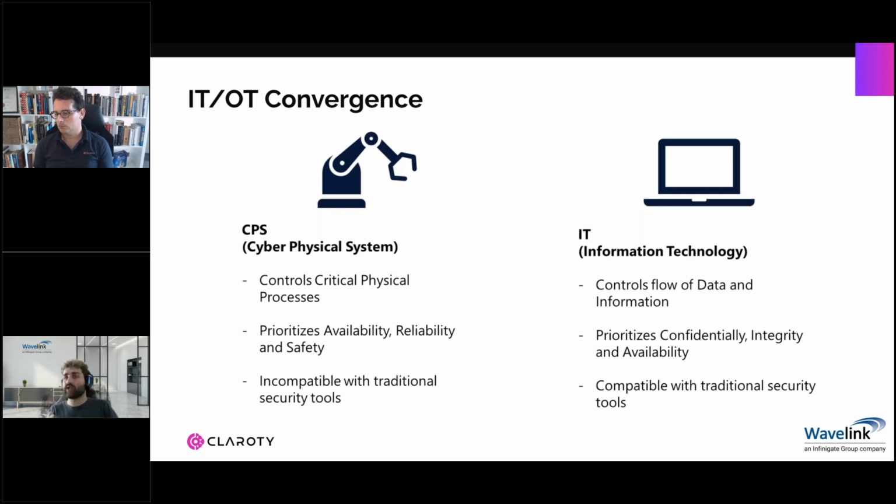This can range from real-time data exchange all the way to changing the speed of a conveyor belt in a manufacturing plant, for example. So the key takeaway here is that most CPS devices were never designed with interconnectivity to IT in mind. And hence, you're going to find sometimes that a robust security framework is quite lacking.